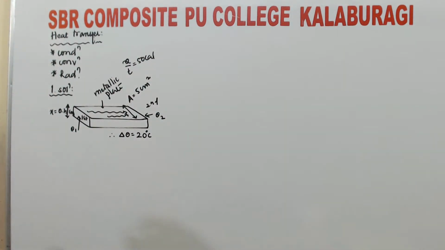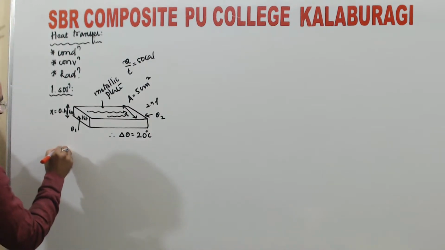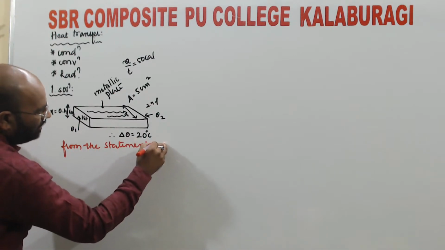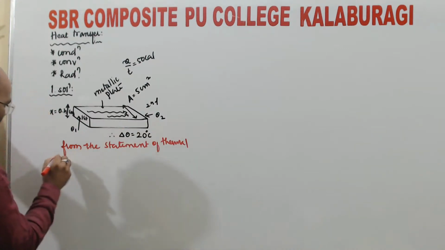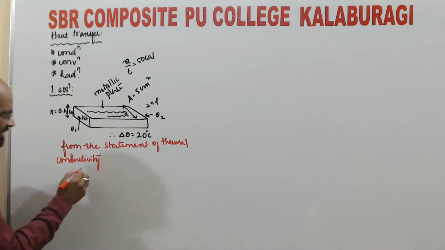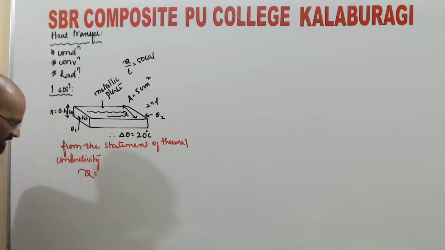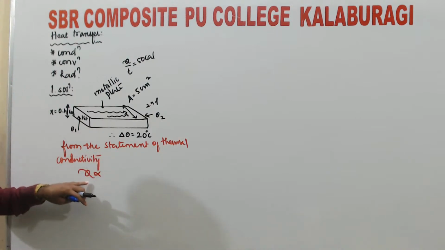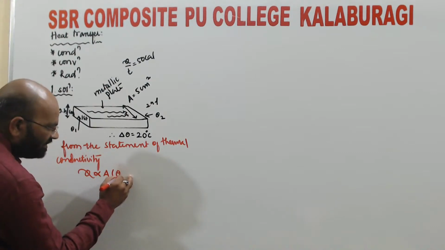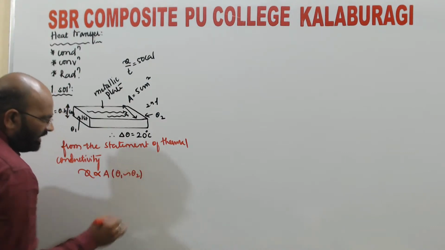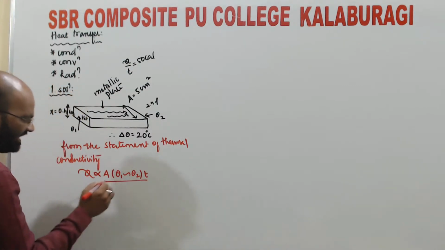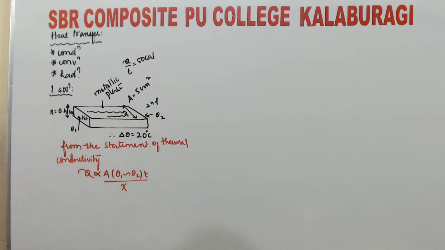Now let's solve this. We know from the statement of thermal conductivity that the amount of heat energy flowing is directly proportional to the cross-section area and the temperature difference between the two faces, theta 1 minus theta 2, and the time interval, and inversely proportional to the separation distance between the two faces of the given body.